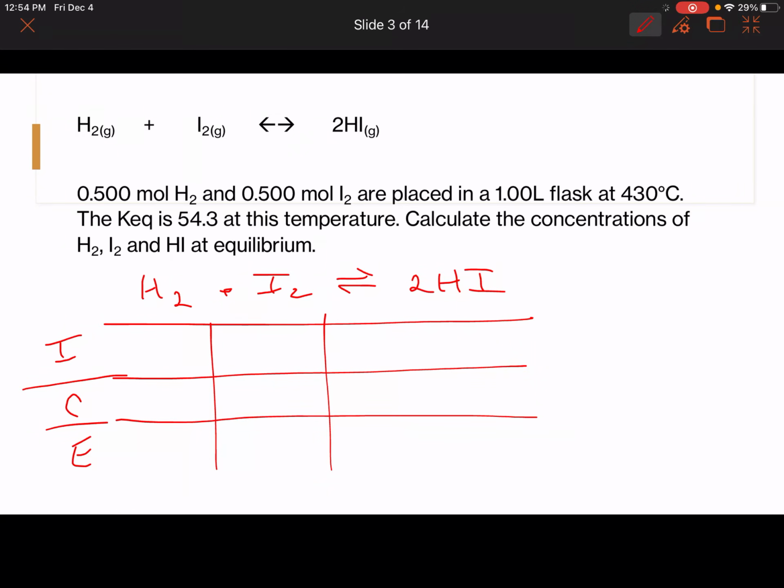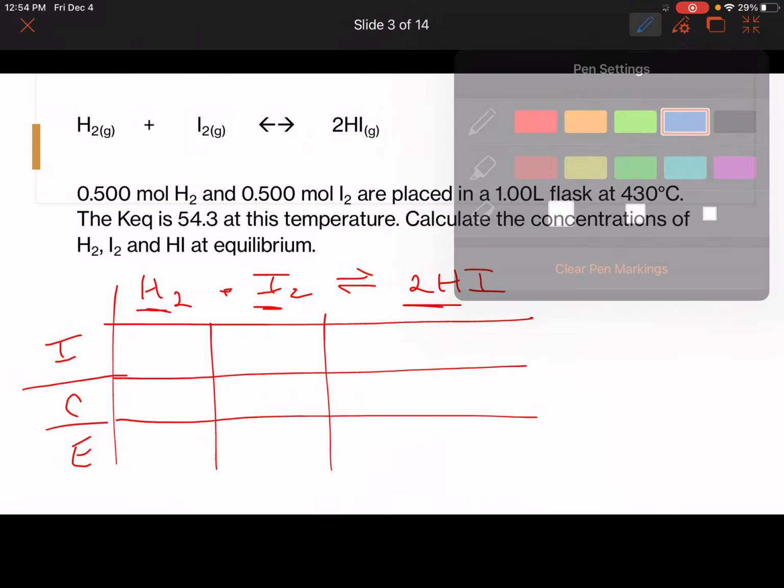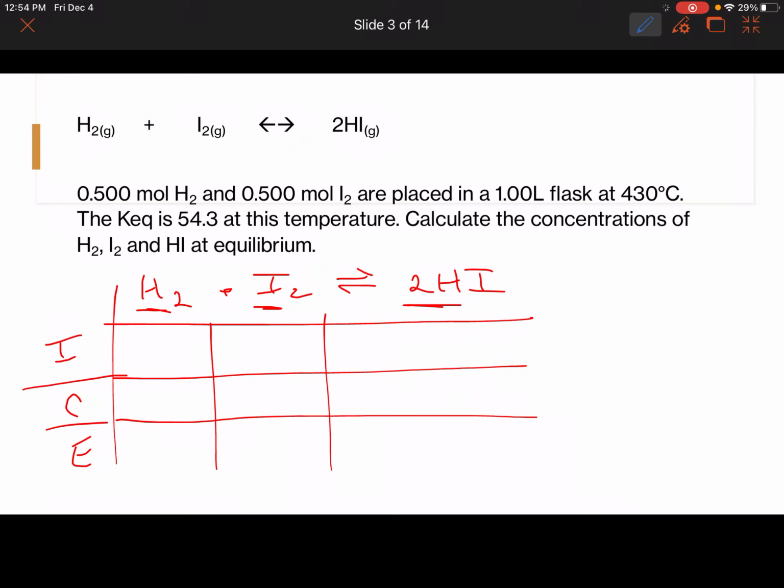Okay, so I've got H2 here, I2 here, and over in this area is going to be the HI. So initially, what do you have? So we're just going to read the question to find what we have initially. So it says I've got 0.500 moles of H2.